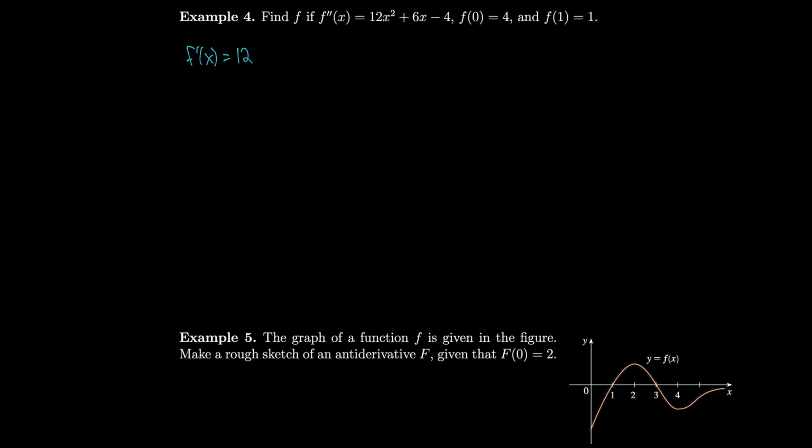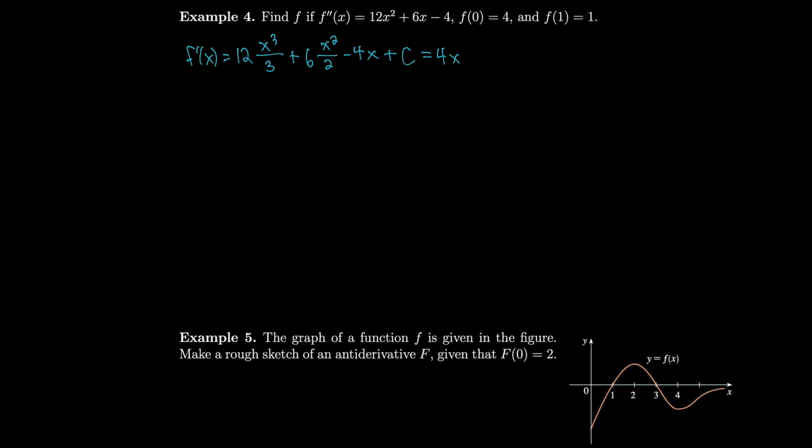So that's 12 times, well, instead of x squared, it'll be x cubed. We increase the power by 1 and divide by our new power. So plus 6 times x squared over 2 minus 4 times, well, let's see, the derivative of something to get 4, there would have to be an x there. If we take the derivative, we lose the x and just get 4. And we have our arbitrary constant.